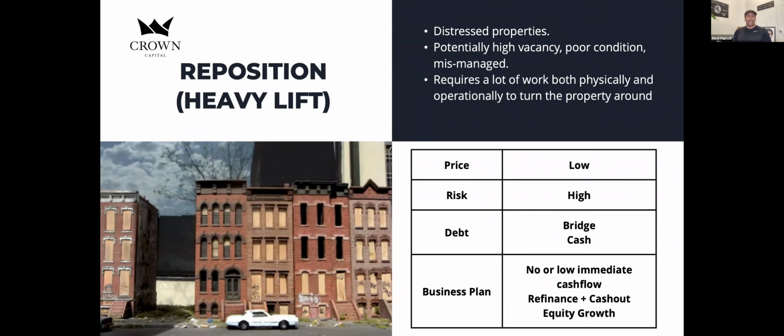Again, we spend a lot of time looking at metrics within these cities that we invest in, because it doesn't necessarily have to be a primary market like Los Angeles or New York or DC or Philadelphia. There are certainly secondary markets that perform just as well, and we'll get into some of those examples right now.